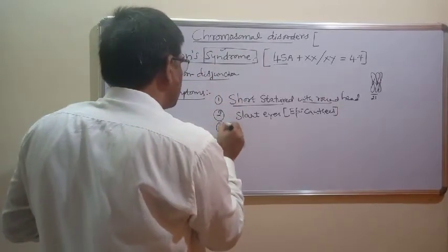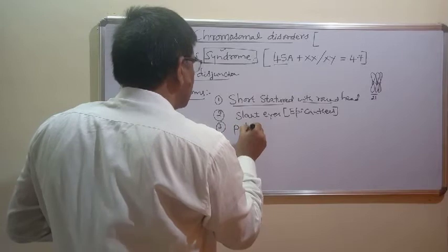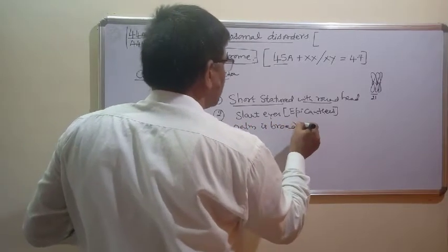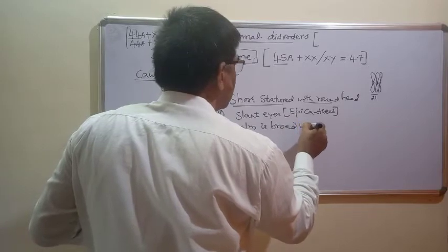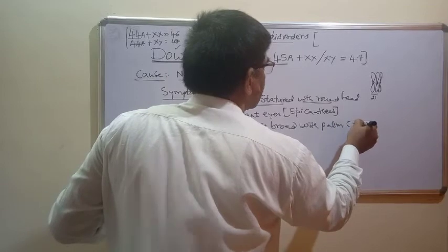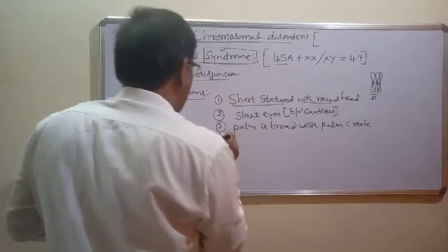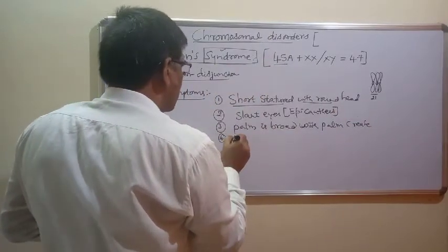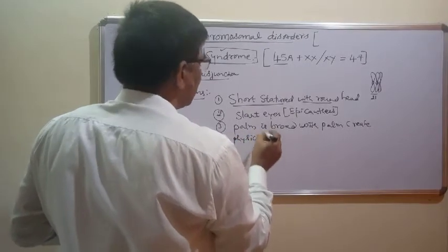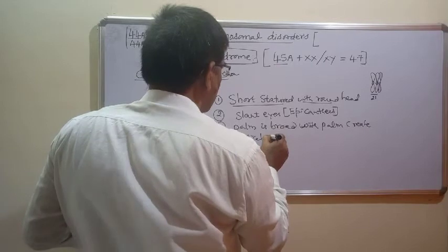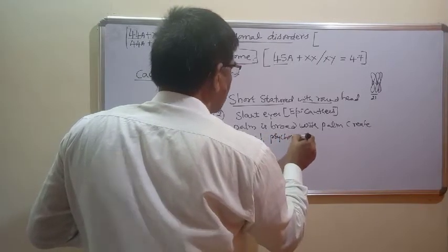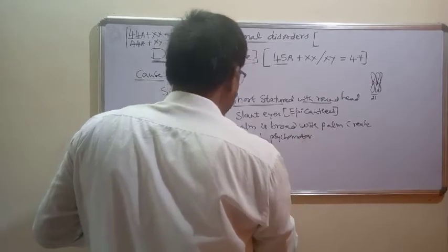And one more thing is the palm. We can understand from this also. The palm is broad, with palm creases. Palm creases are present. And physically they are very weak. Psychomotor development is less.